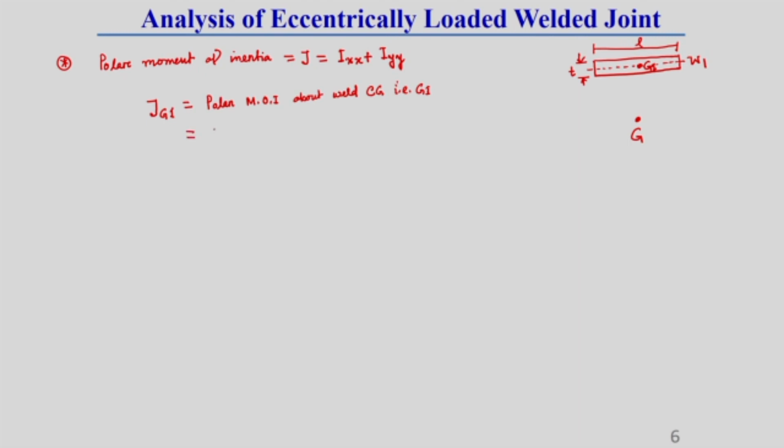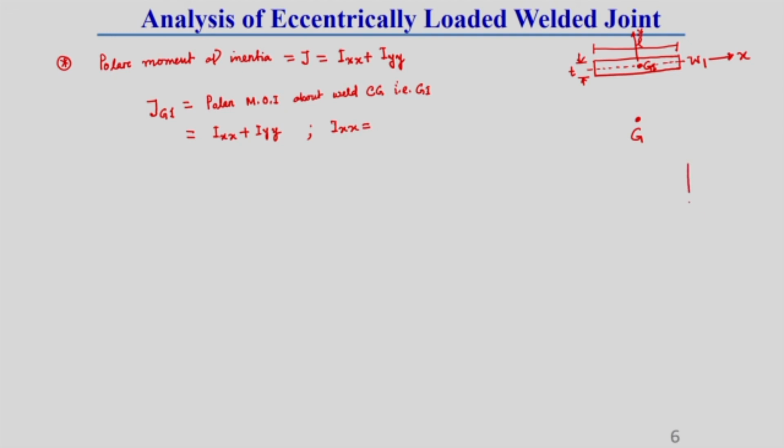Here generally there will be Ixx plus Iyy. So, let this be our x axis and let this be our y axis. So, about x axis and y axis, Ixx we know, generally once we go for finding out.